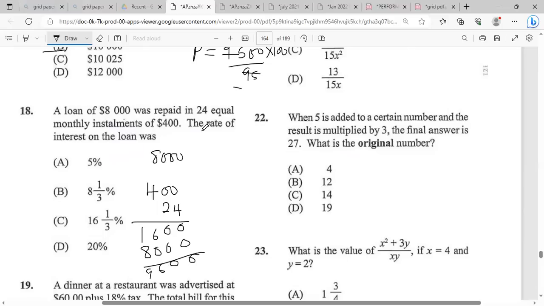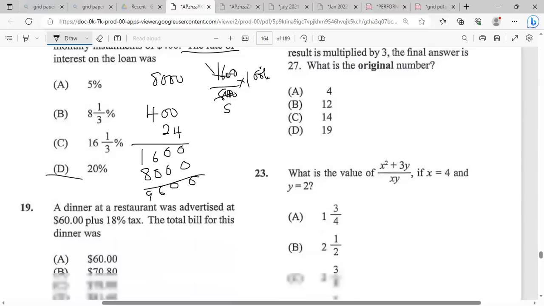And it says the rate of interest. So the rate of interest would be 1,600 upon the 8,000 times 100%. That's percent, meaning out of 100, right? And this into this 1, this into this 5. So it's 5 into 100, which goes 20%.